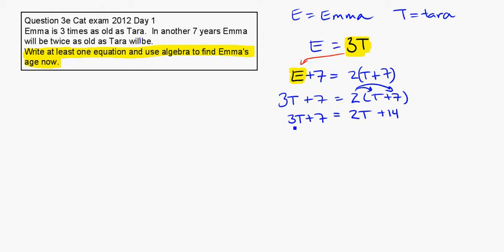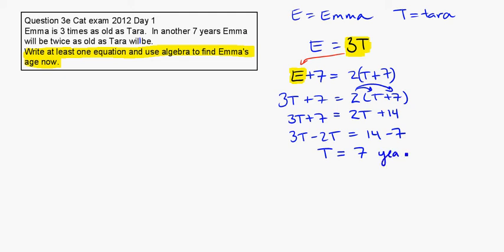So taking t's to one side of the equation, I get 3t minus 2t is equal to 14 minus 7. It's a plus 7 on the left, so I minus both sides. It becomes a minus 7 on the other side of the equation. And the plus 2t, again, to move that one, I'm going to do minus 2t. So 3 minus 2 is just, in fact, 1t. And I see now that Tara is equal to 7 years old.